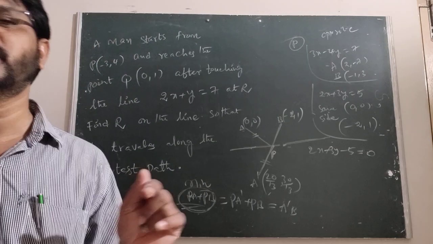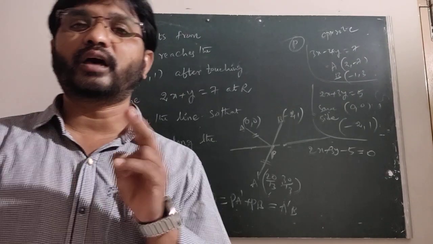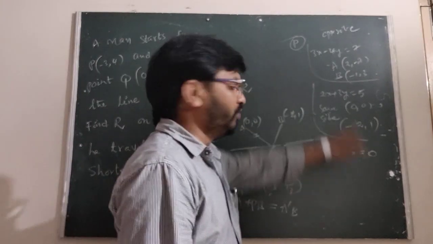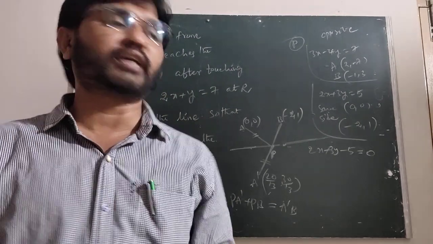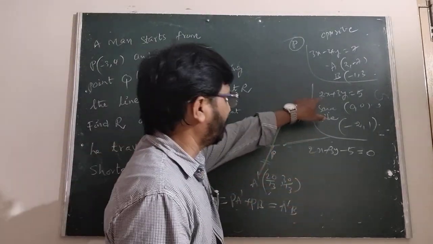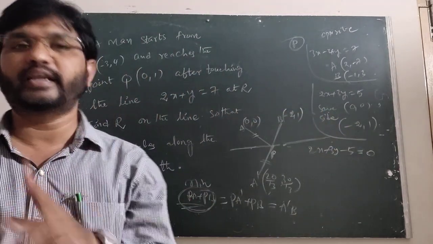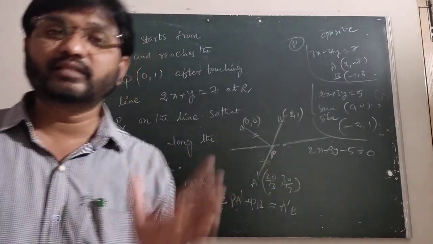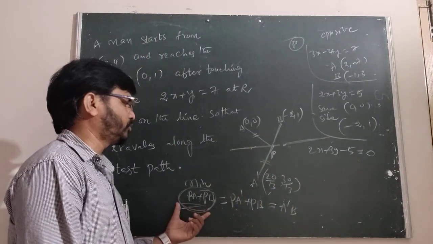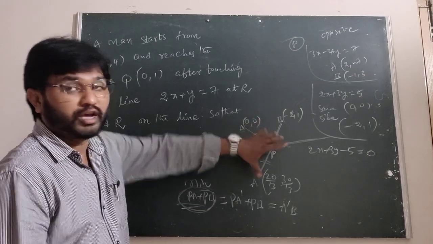What are you thinking here? When the points are on the same side with respect to the line 2x + 3y - 5 = 0, the minimum distance of PA + PB is A dash B. How do we find this?